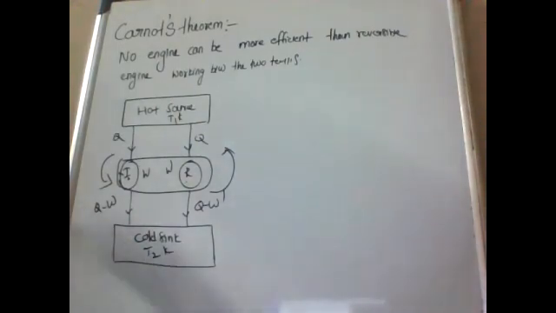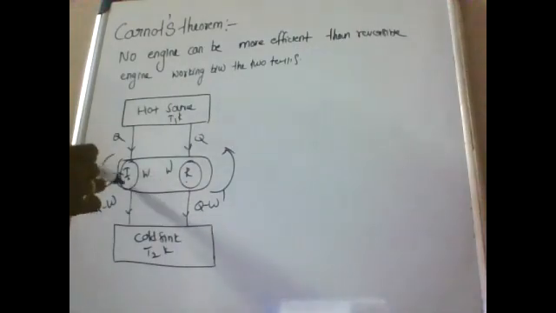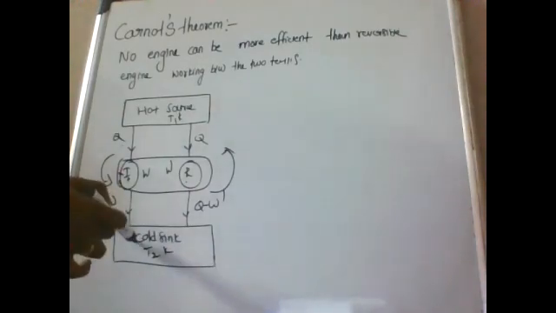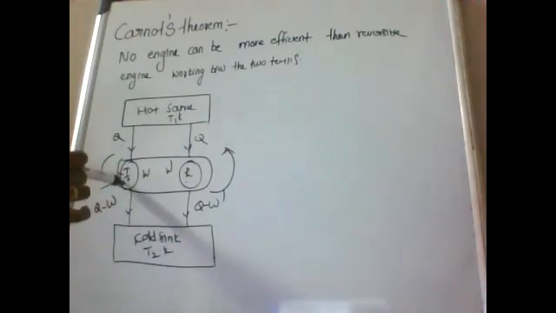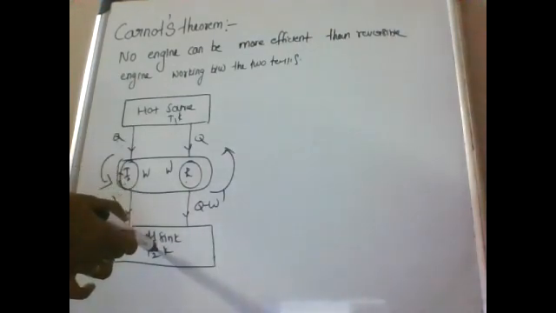Next, let engine I absorb an amount Q from the source, convert a part of it into work, and transfer Q minus W to the sink. So the irreversible engine will absorb some heat energy from the hot source, convert some into work, and give some energy Q minus W to the sink.